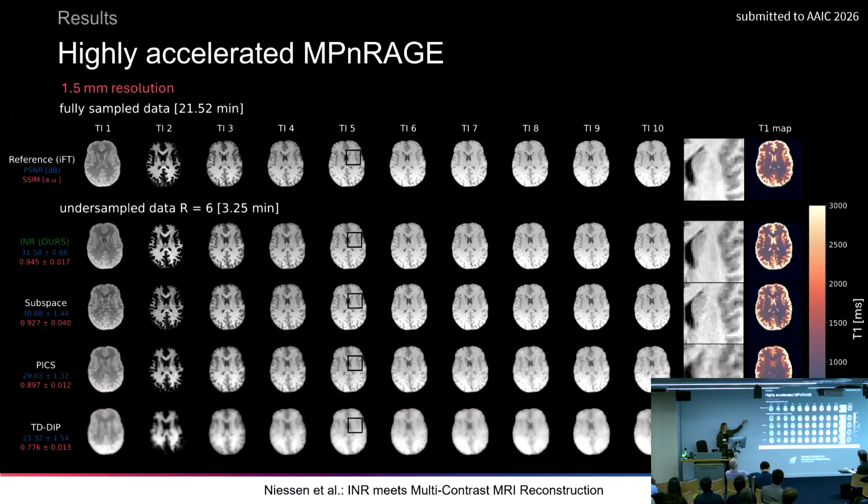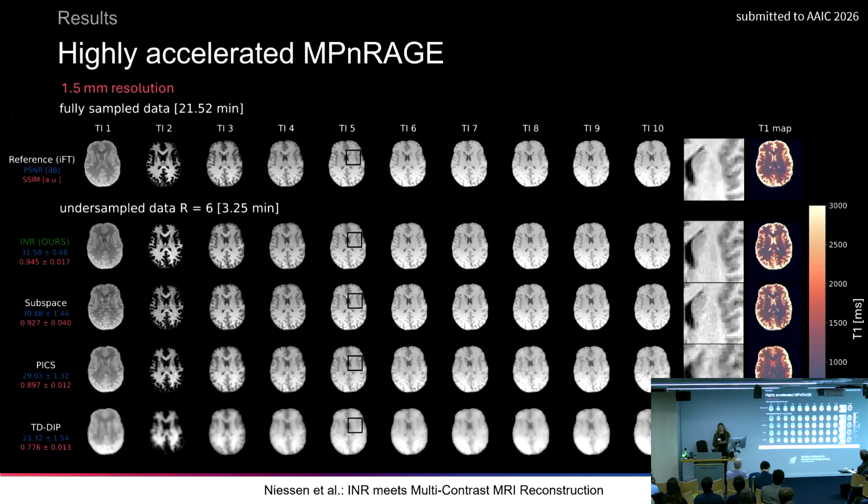The first row that you see here comes from this fully sampled scan that took 22 minutes and is reconstructed with an inverse Fourier transform, which is the model used for MRI. You can see the 10 inversion contrast images, and on the right you can see a quantitative T1 map that was fitted based on this data.